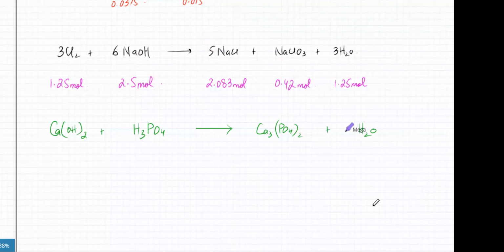Anyway, so it's going to be 3 calcium hydroxides and 2 phosphoric acids and 6 H2Os, I think.